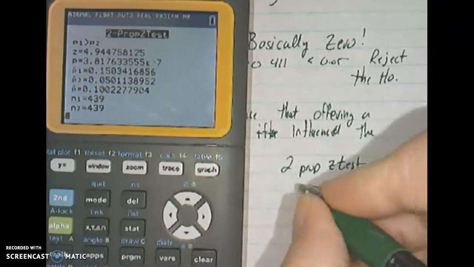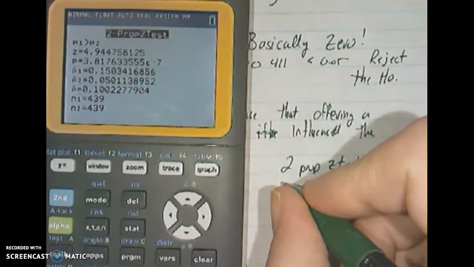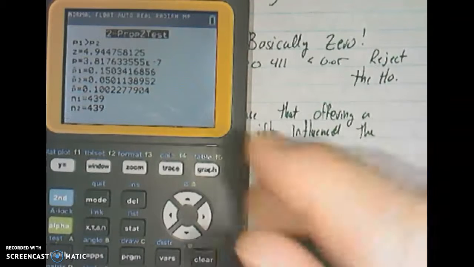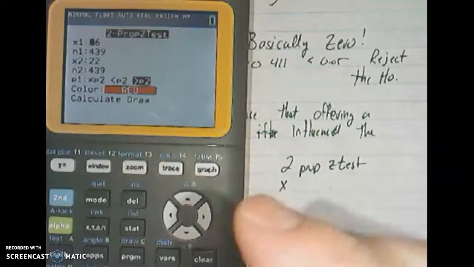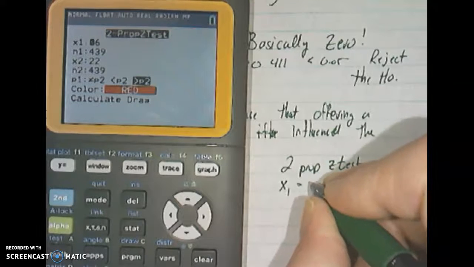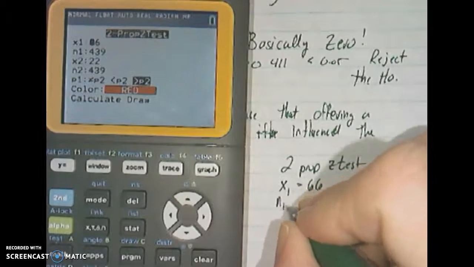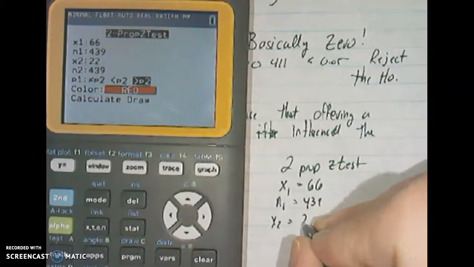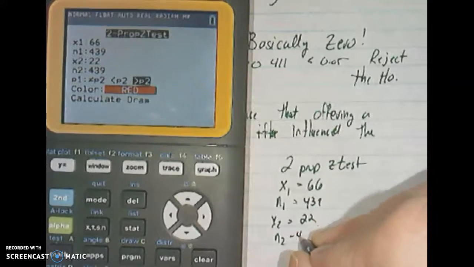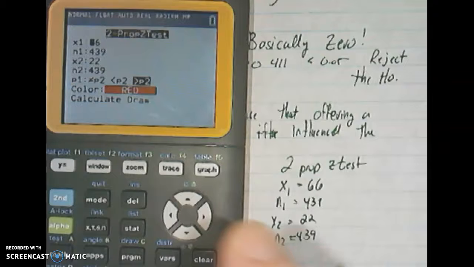So I guess on the two, I need to go back to here. I'd come into here and say, remember the variables so I don't screw it up. So I'd go x1 is equal to 66, n1 is 439, x2 is 22, n2 is 439. Okay, I already have the greater than because that's in my alternative hypothesis, excuse me.